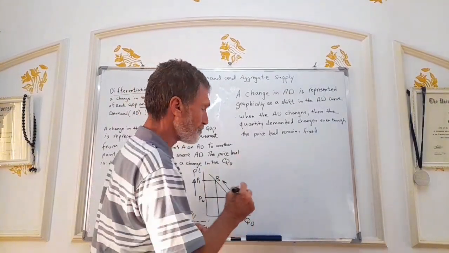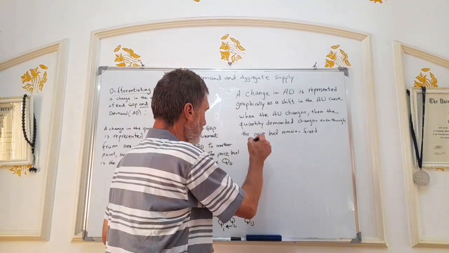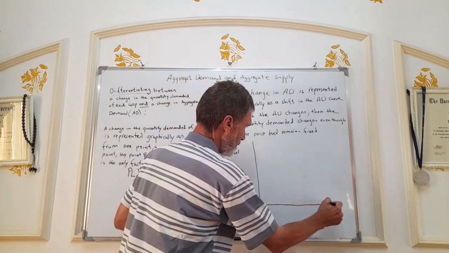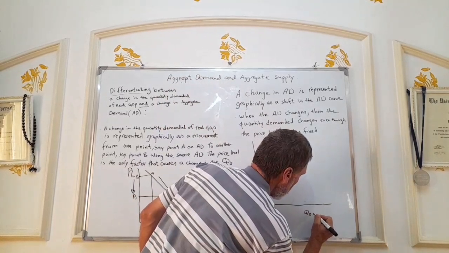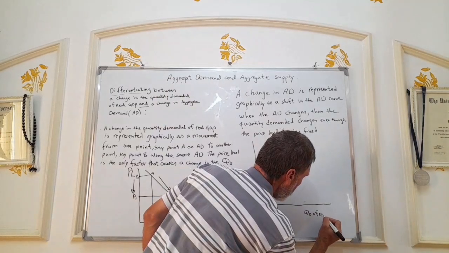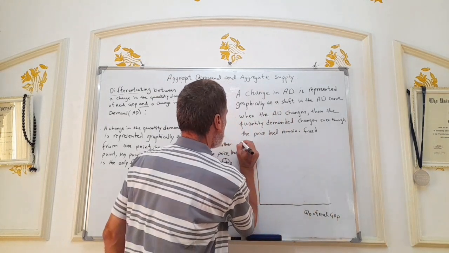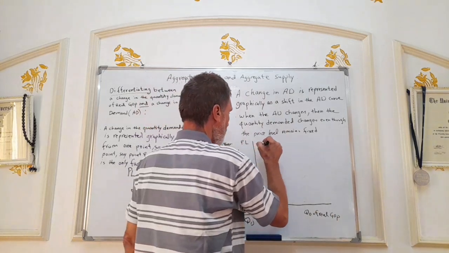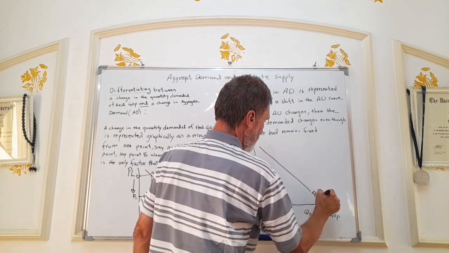For example, this is the quantity demanded of real GDP, and this is the price level, and this is aggregate demand 1.